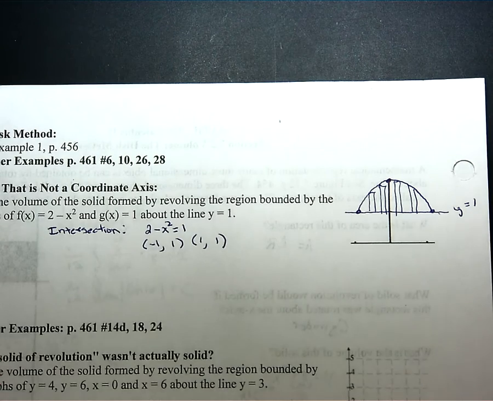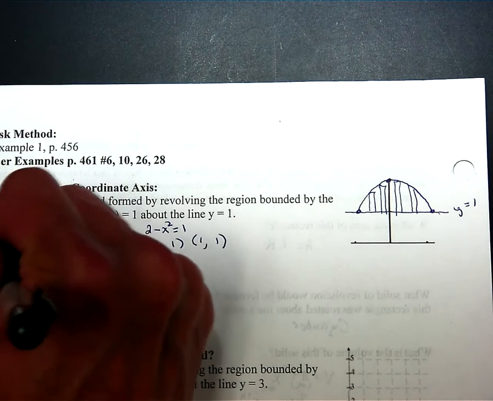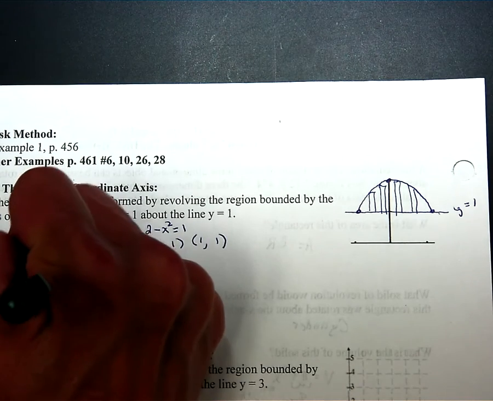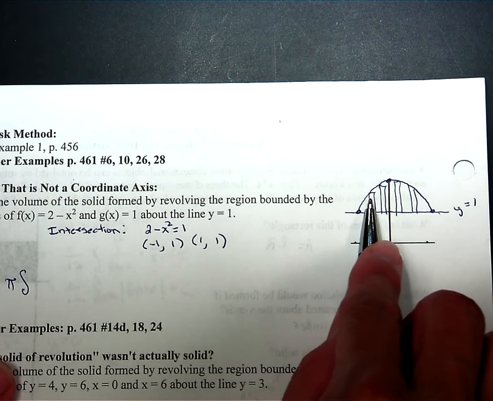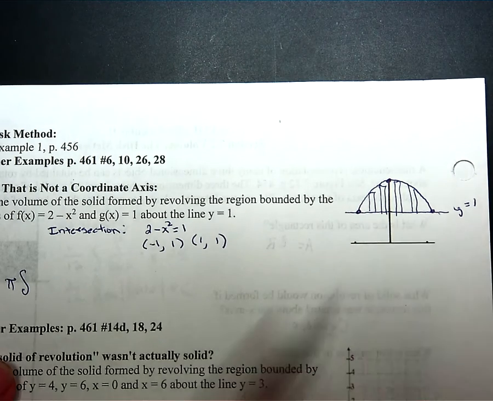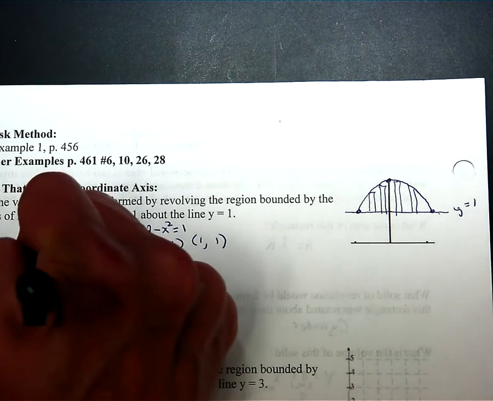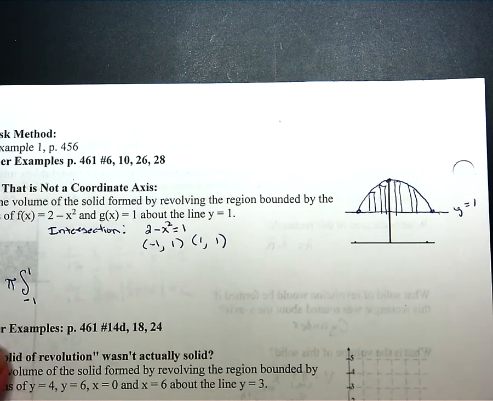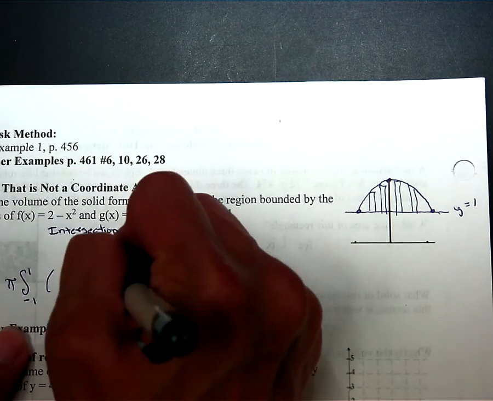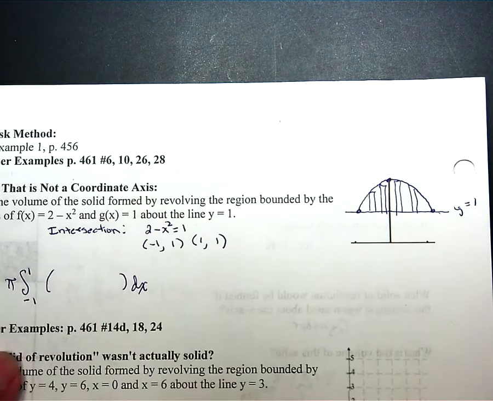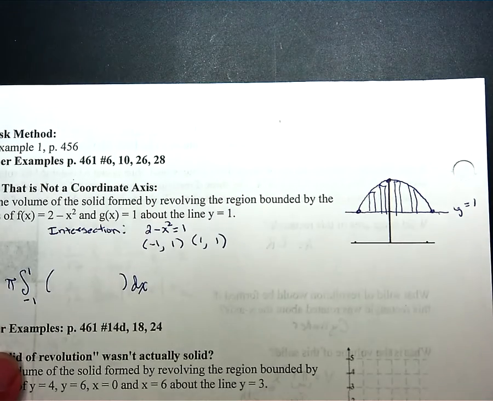That means I want to integrate pi times the integral from what to what? The lathe is moving this way, from -1 to 1, because with vertical rectangles, everything is with respect to x. And there's going to be something dx.